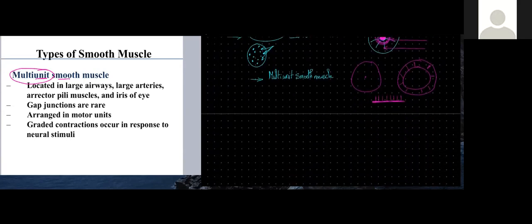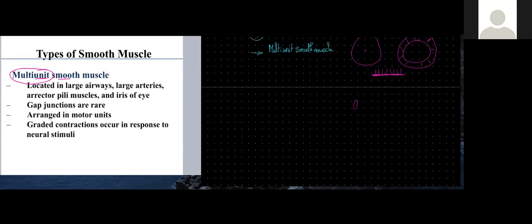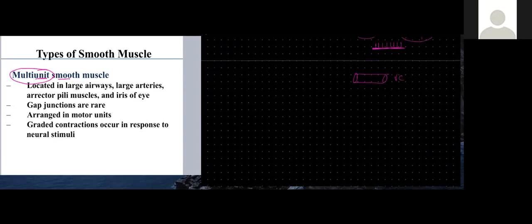Same concept when we are looking at the blood vessels. In order for me to regulate my blood pressure, I don't have to fully constrict or fully dilate my blood vessels. I need to perform different levels of contraction in order to regulate the blood pressure according to my needs. So it's not an all or none contraction, it's a graded muscle contraction.